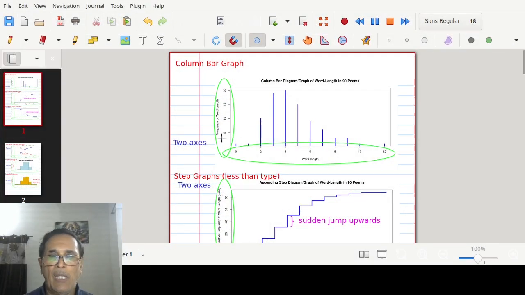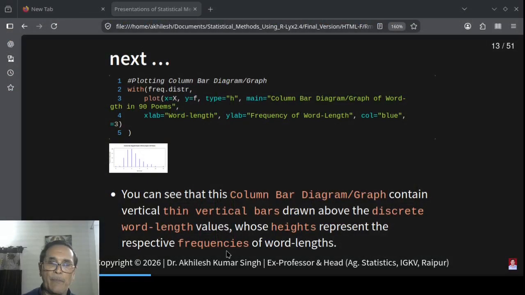Here you see, this is again 2-axis data, 2-dimensional data. These are column bars, column bar graph, and this is a thin vertical line, not like a bar diagram, bar plot diagram that we have already discussed in earlier lectures. Coming back to our presentation.